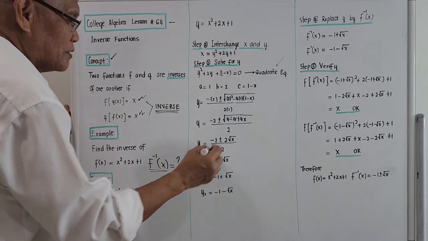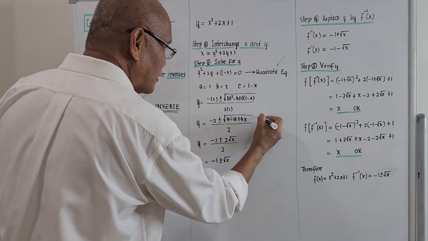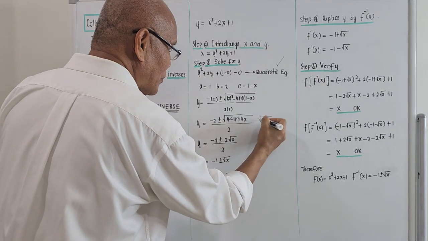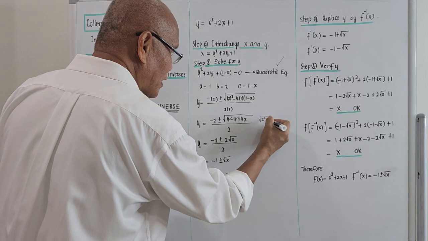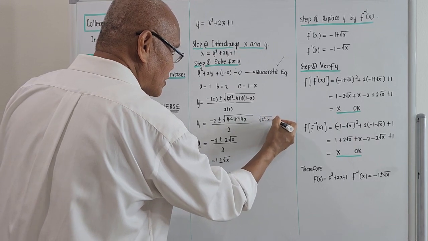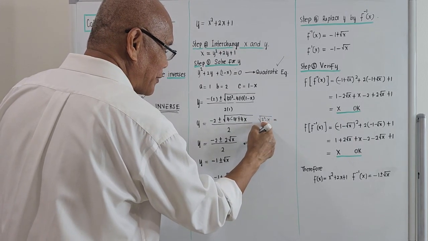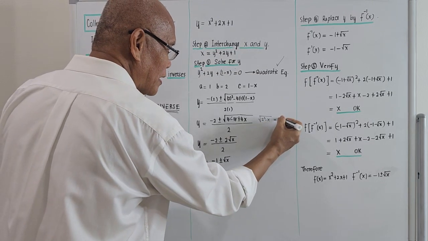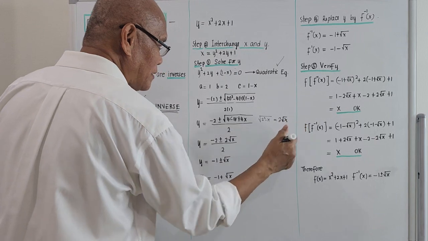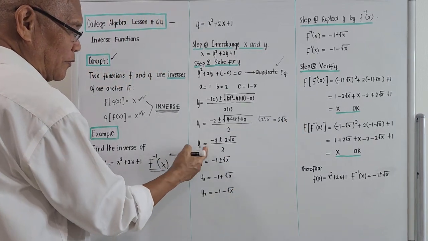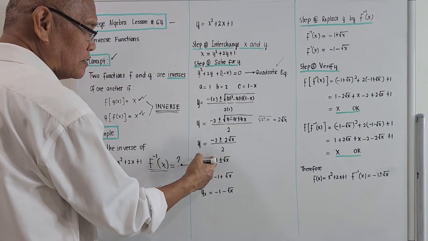So actually, what remains inside here, under the radical, will be the square root of 4x. So this will be 2 square times x. So 2 will be perfect square. So this will become 2 the square root of x. X should remain inside, okay? So y now will be negative 2 plus or minus.